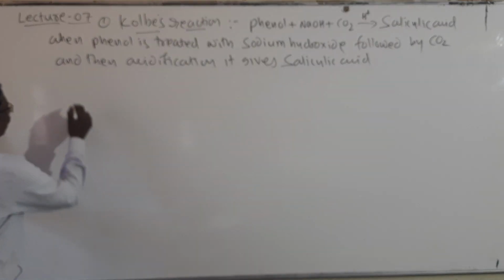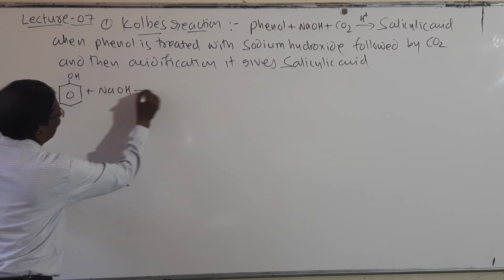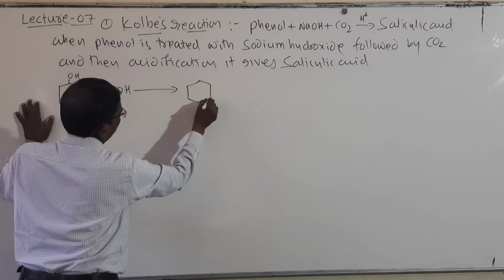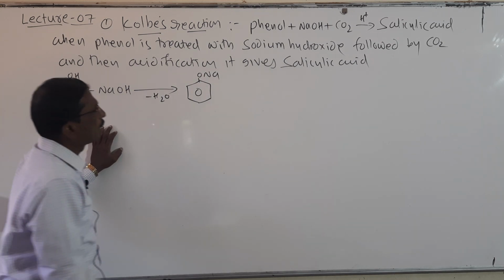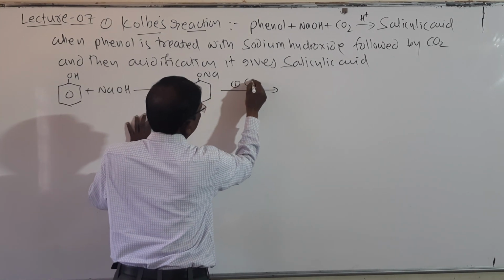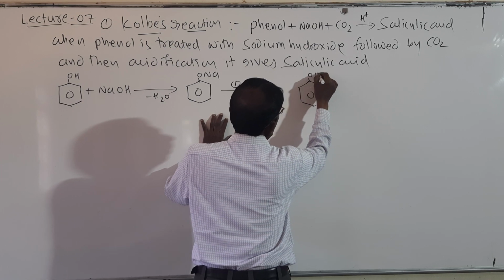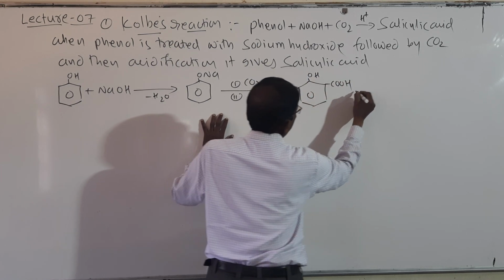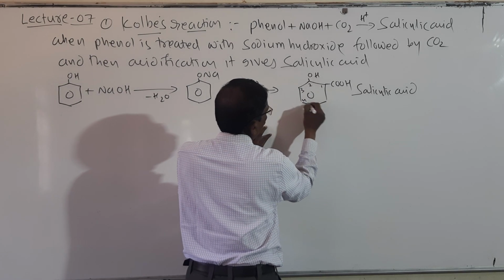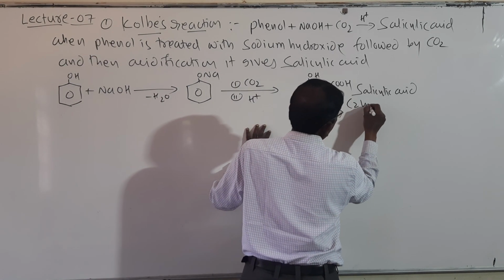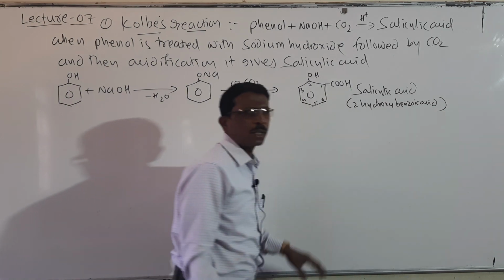Look here, I will write the reaction. When phenol is treated with sodium hydroxide, it forms sodium phenoxide, sodium phenate, ONa, with H2O removed. When this sodium phenate is treated with carbon dioxide and on acidification, it gives salicylic acid, with OH and COOH. Numbering the carbons 1, 2, 3, 4, 5, 6, it is also called 2-hydroxybenzoic acid.